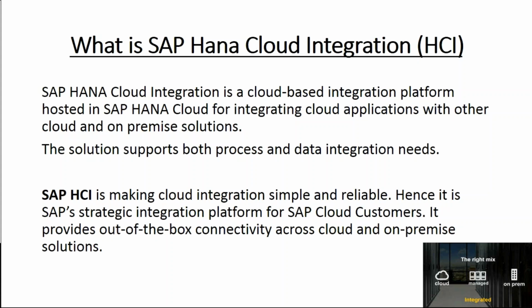Then it supports HANA Cloud Platform Connector or your Cloud Connector, HANA Cloud Connector. This is again a simple on-premises agent which allows secure and highly reliable connectivity between cloud apps and on-premises apps. So there we will be learning what is HANA Cloud Connector.